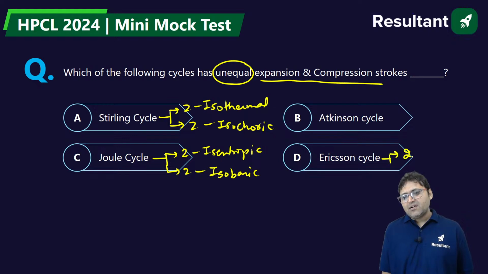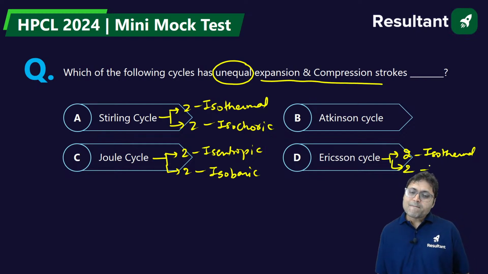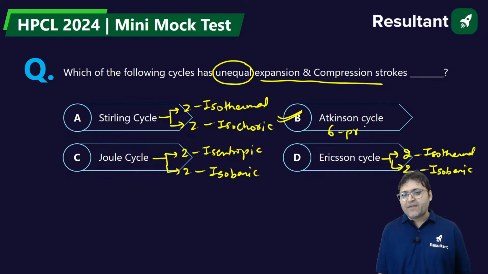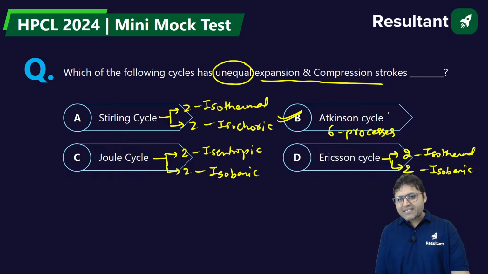Ericsson cycle, two isothermal and two isobaric. Atkinson cycle is the one having 6 processes, which has unequal expansion and compression.